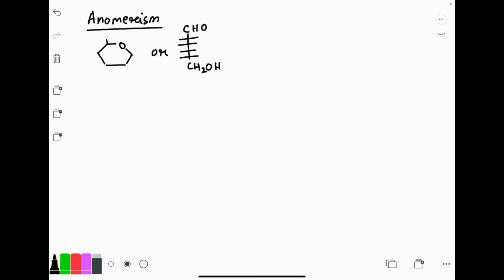If this chain form is put into water, then glucose assumes a ring form.